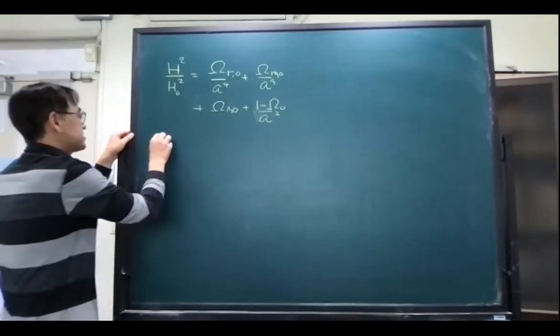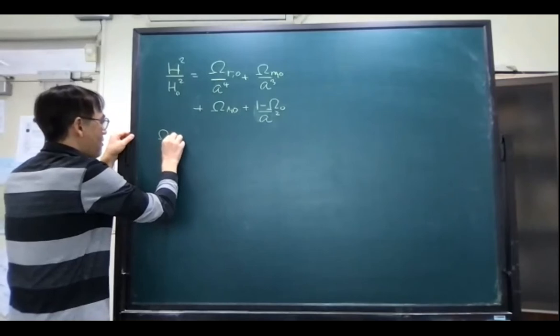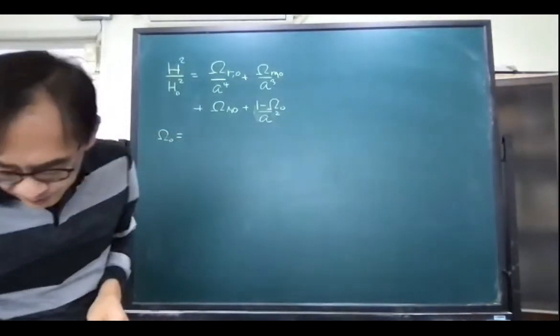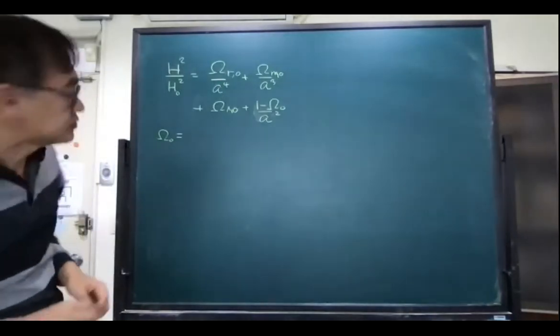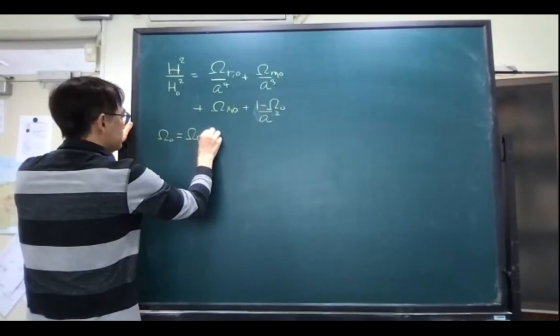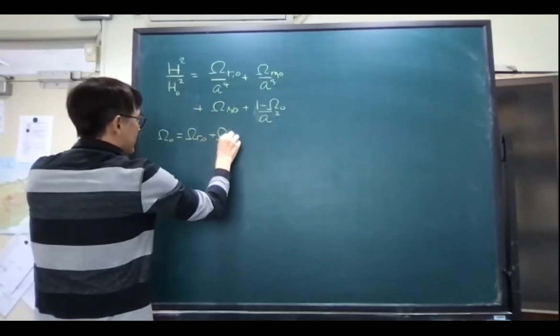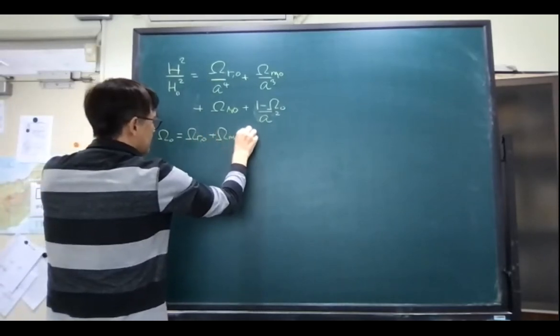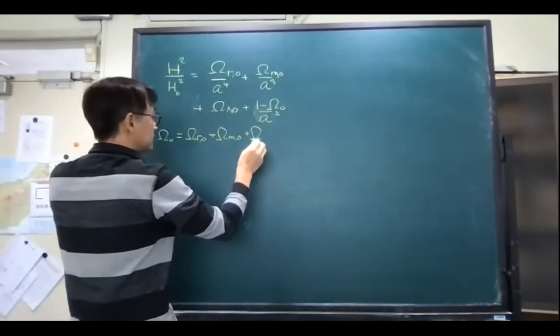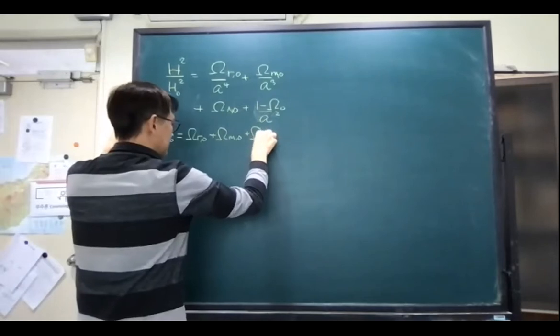And omega 0 here was defined in such a way to be radiation 0 plus matter component 0 plus the dark energy component.